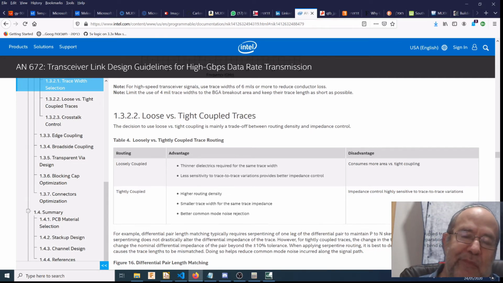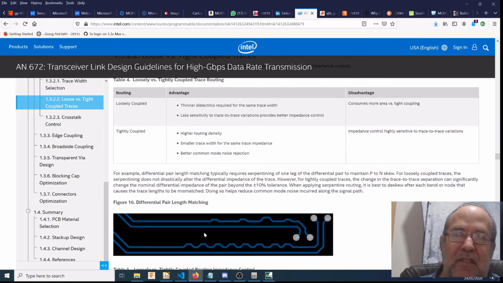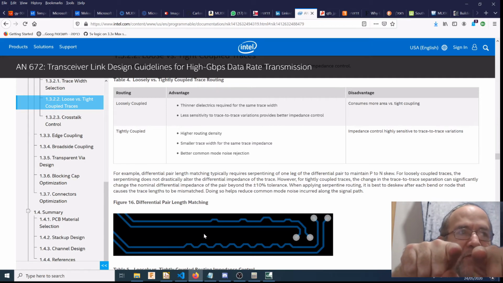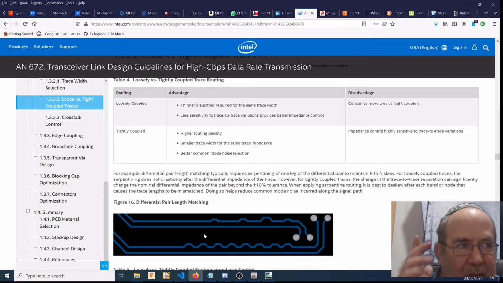Okay, so this gets into the term of loosely coupled differential pairs. If I have my differential pairs very, very close to each other, or I separate them away, that is loosely coupled differential pairs.